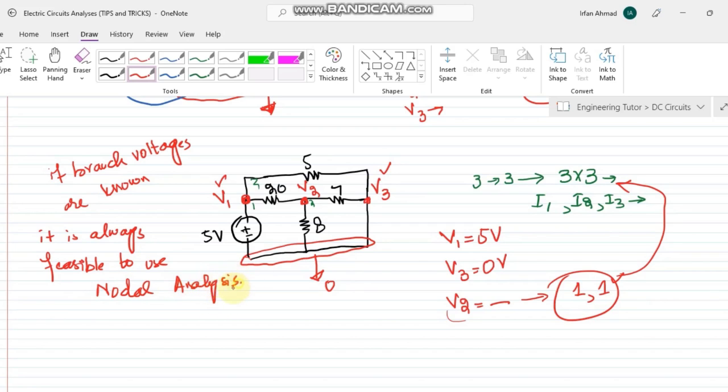Okay, so that is the takeaway from this circuit.